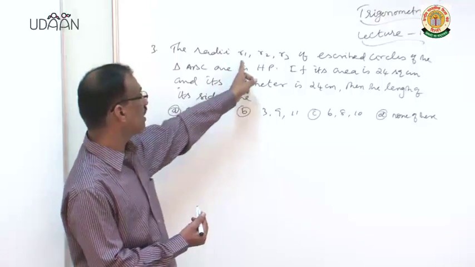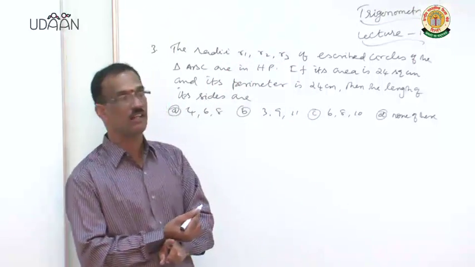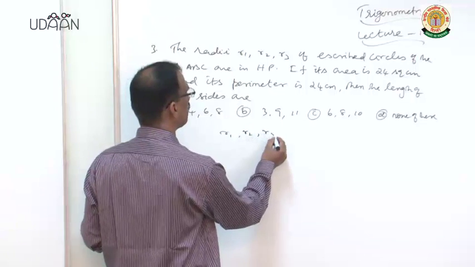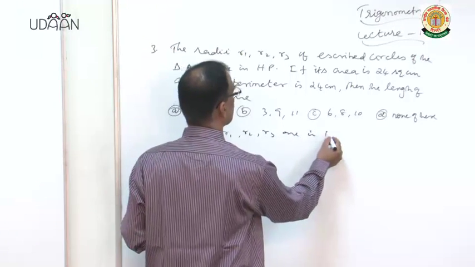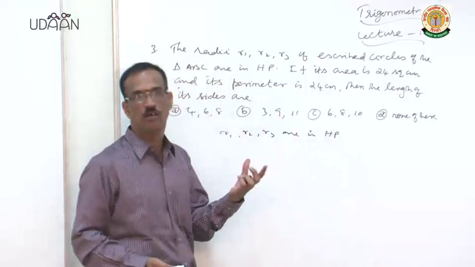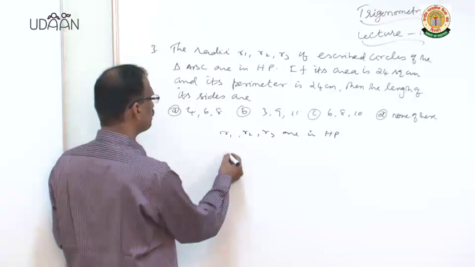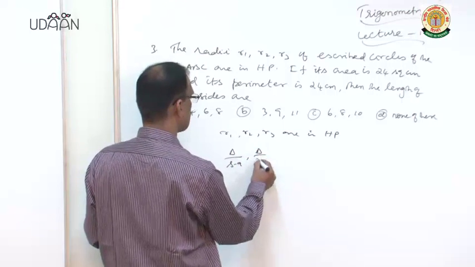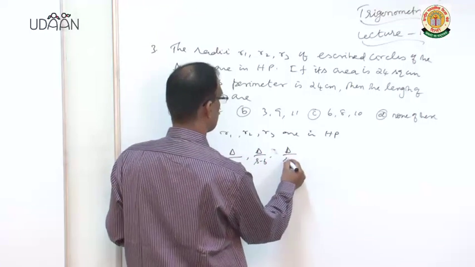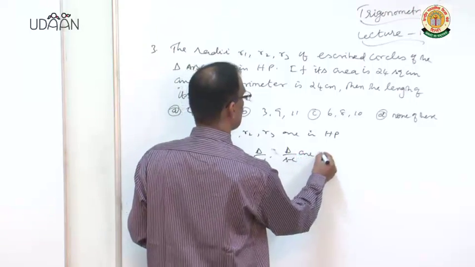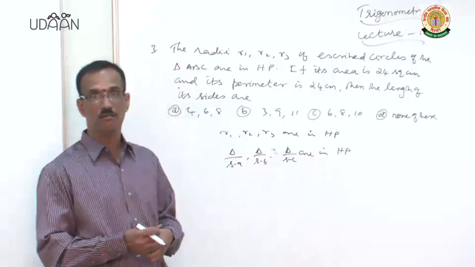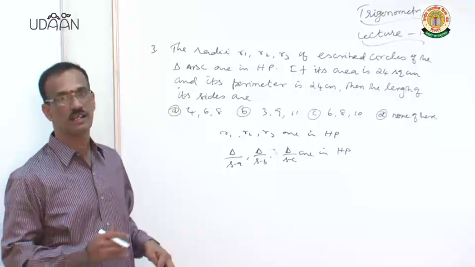So now given that R1, R2, R3 are in HP. What is the value of R1? R1 you know is del by (S minus A), del by (S minus B), del by (S minus C), which are in HP. If they are in HP, their reciprocals are in AP.